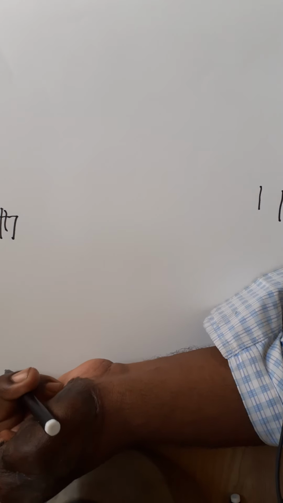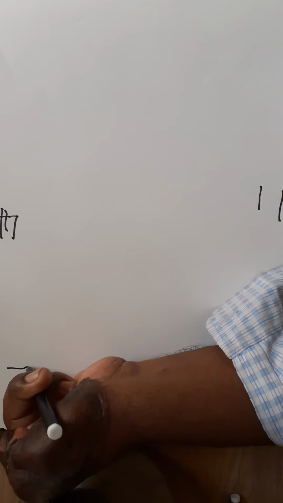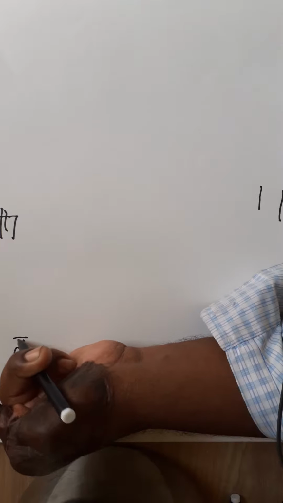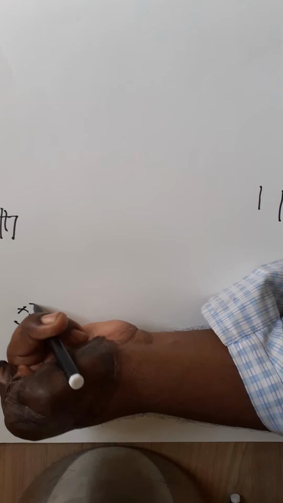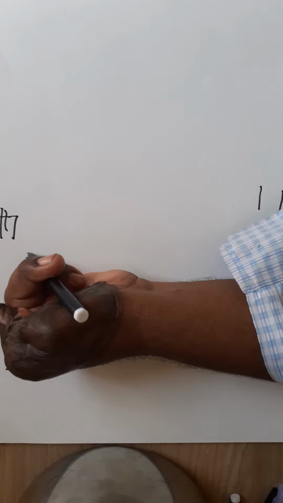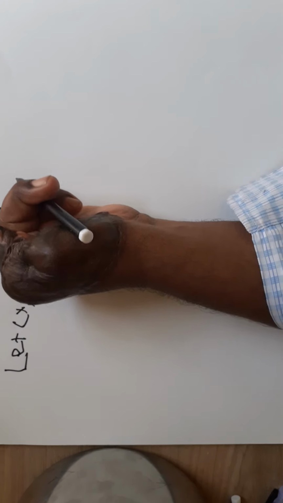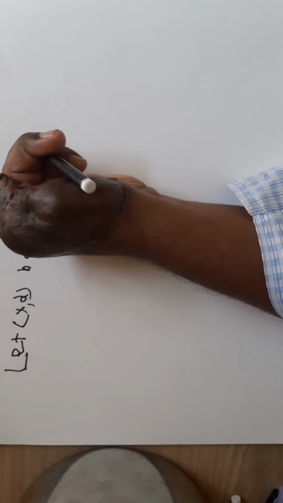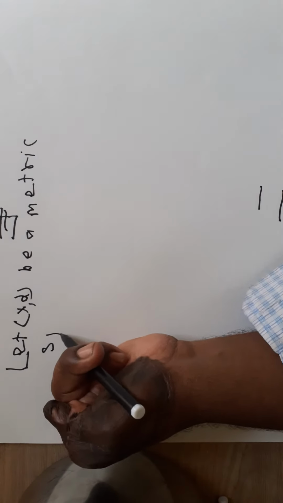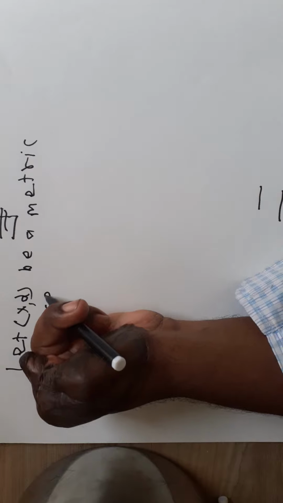Now we define a Cauchy sequence. Let (X, d) be a metric space.